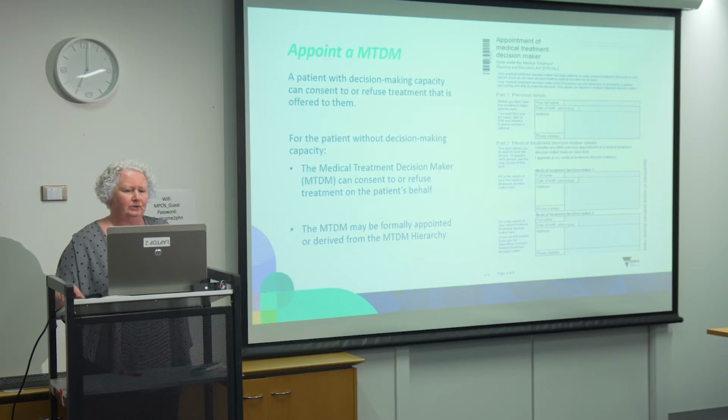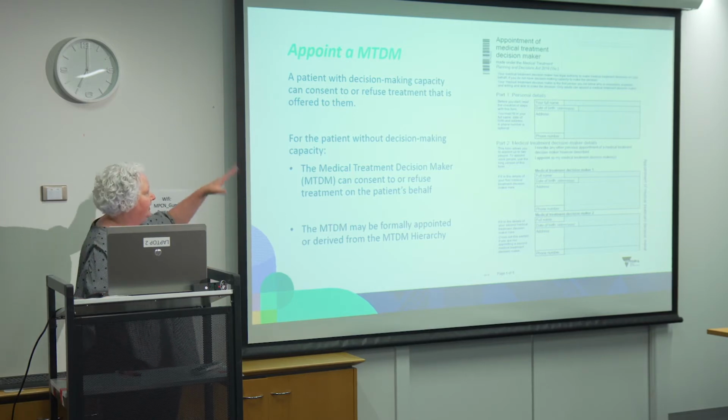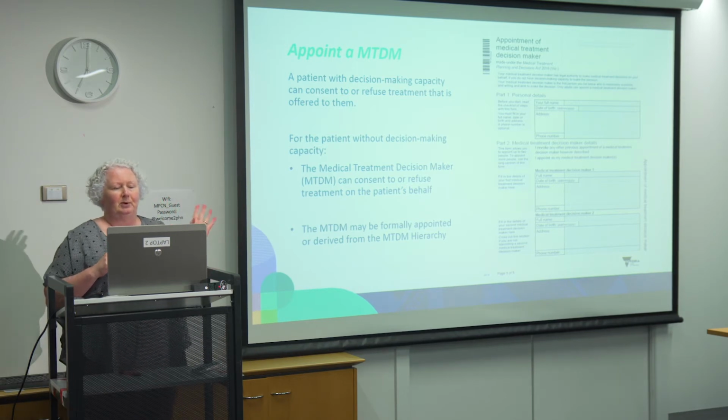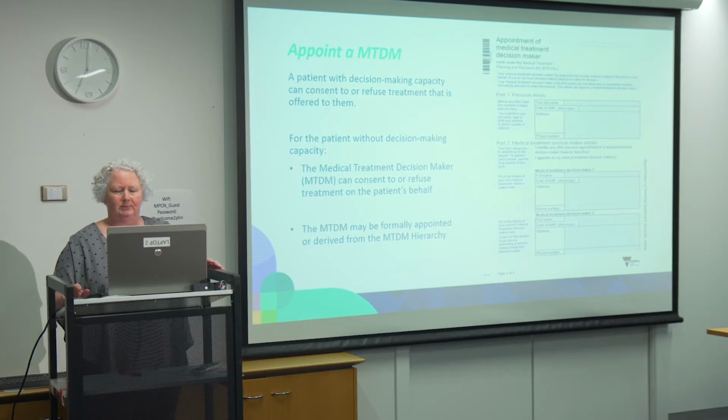So that image there is just an image of the template that is available through the Office of the Public Advocate and the Department of Health and Human Services for appointing a medical treatment decision maker. And this is the hierarchy.